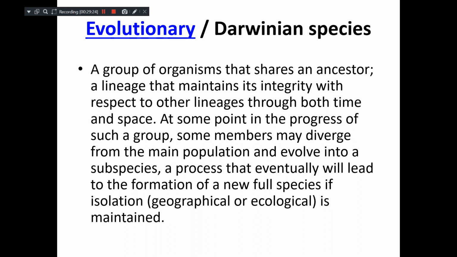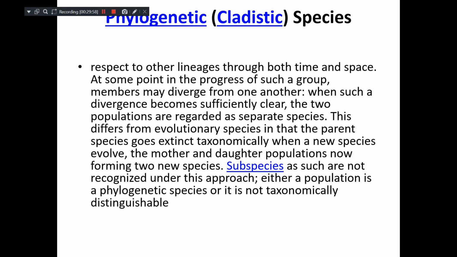And this process of evolution of the subspecies eventually forms a new full species if the isolation continues. Common ancestor, okay. Integrity with the lineage, okay. But in such groups, again, subspecies will form and subspecies will develop into a totally new full species. This is what we call evolutionary or Darwinian species.